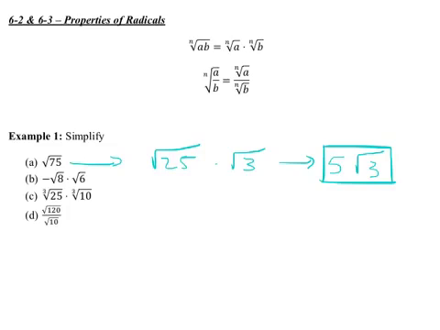Okay? So again, we want to break this up into two other radicands. Here's one radicand, here's the other, one of which is a perfect square or cube or whatever it is that we're looking for, so that we can then reduce it.